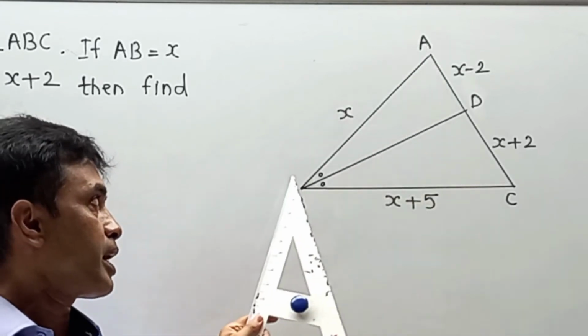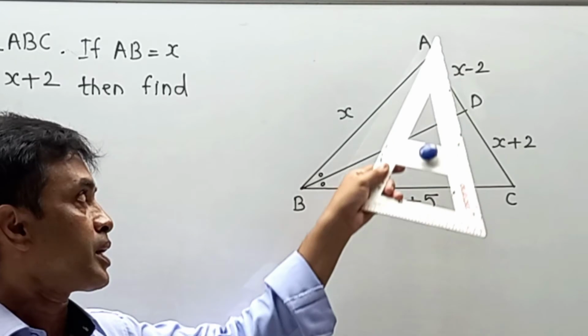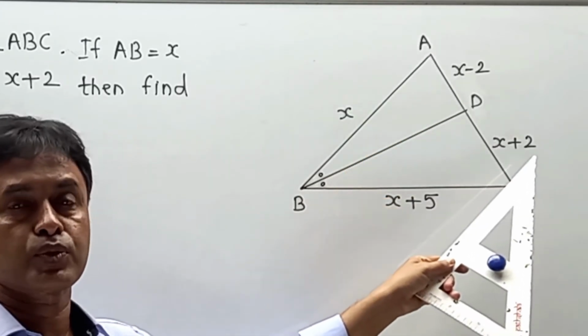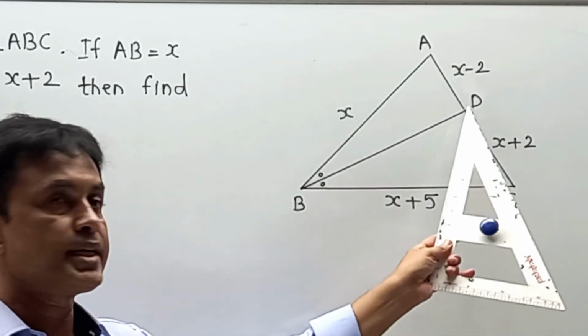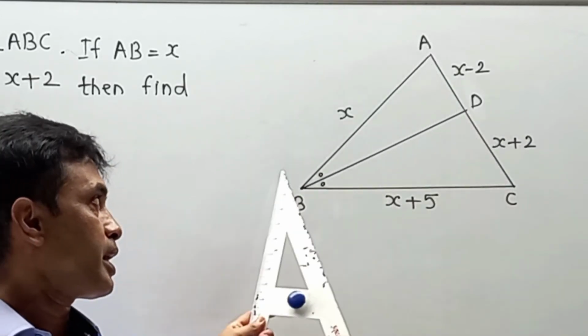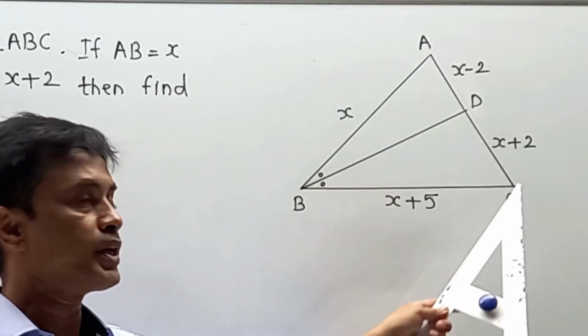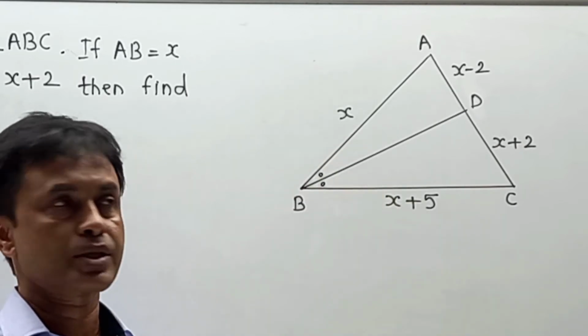Here they have given AB as x, BC as x plus 5, AD as x minus 2, DC as x plus 2, then find the value of x. Definitely, as BD is angle bisector, we know that AB upon BC is equal to AD upon DC, and with the help of calculation we can find the value of x.